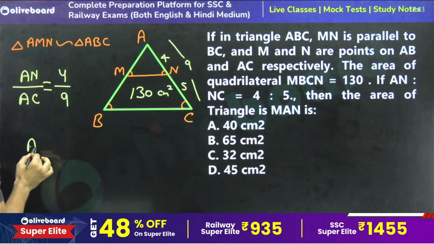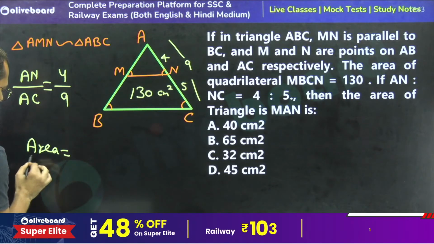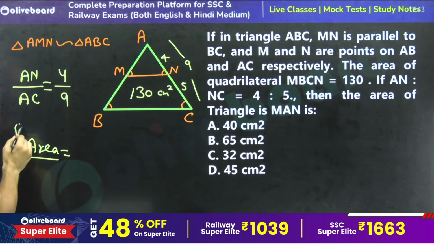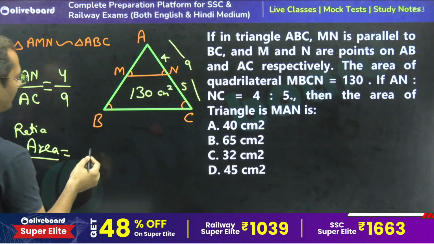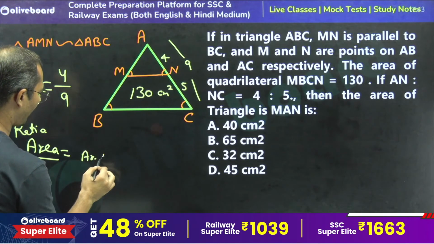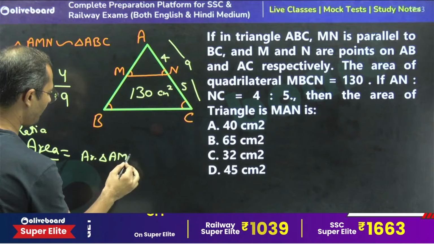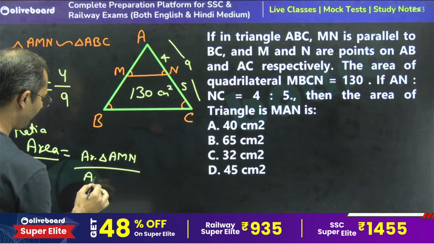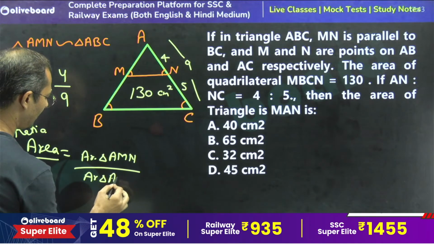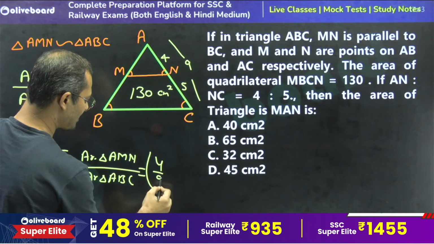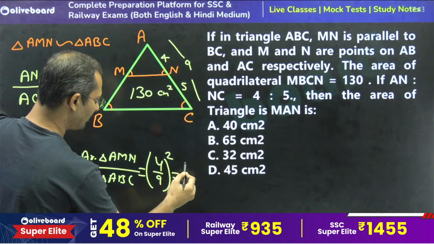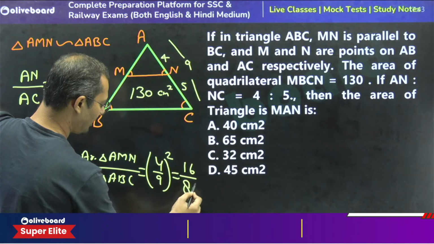So the ratio of area, the area of triangle AMN divided by area of triangle ABC, would be given by the square of their corresponding side ratio. So that is equal to 16 divided by 81, right?